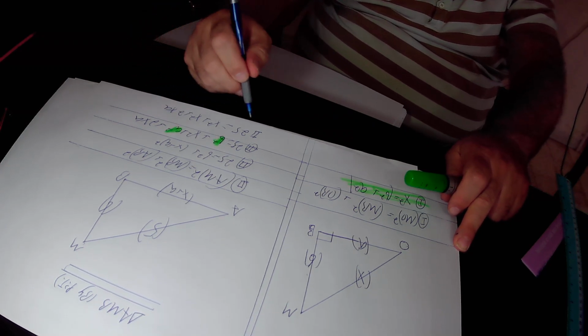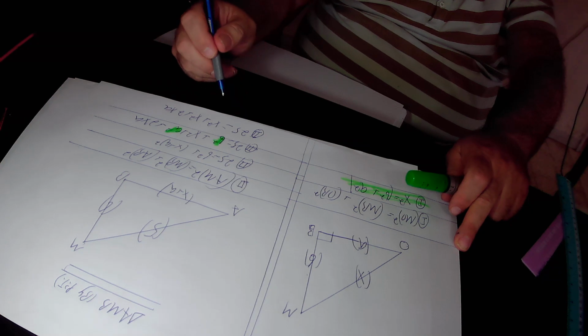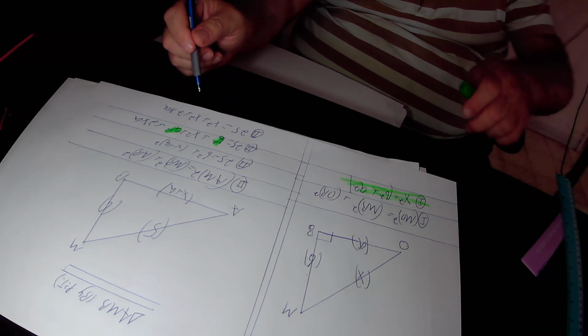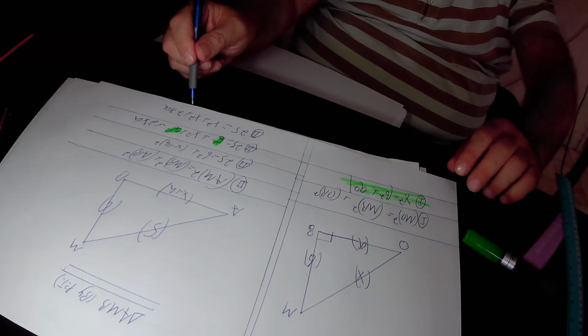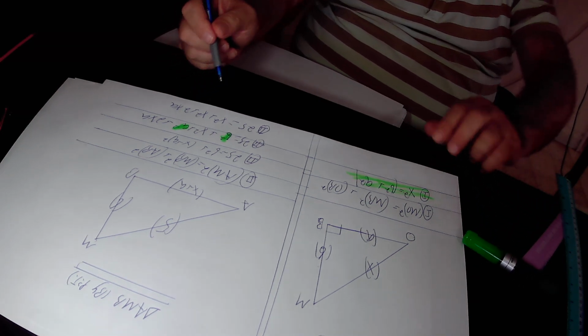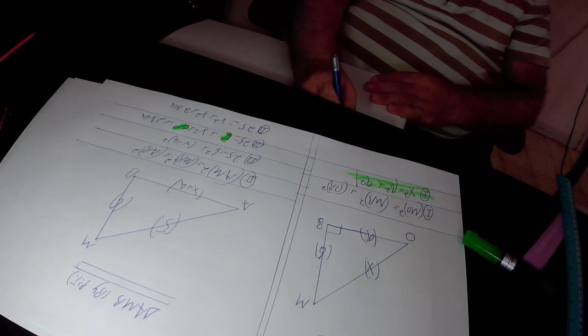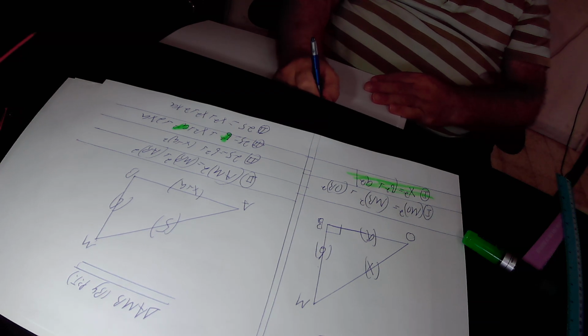So in total, according to equation 2, we should find out that 25 equals x squared plus x squared plus 2xA. So 25 equals x squared plus x squared is 2x squared plus 2xA.